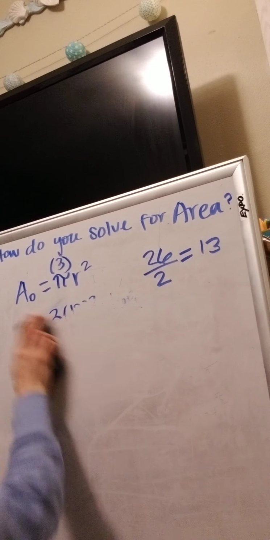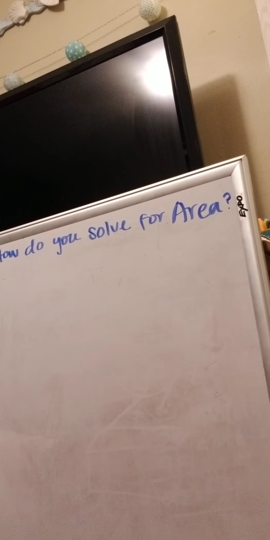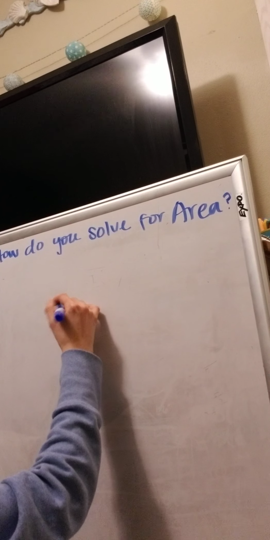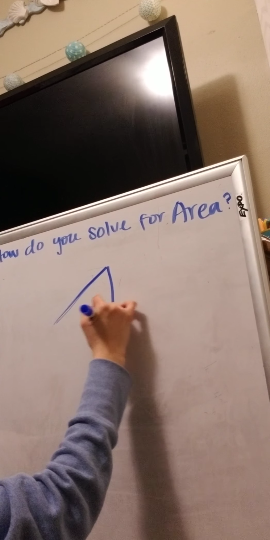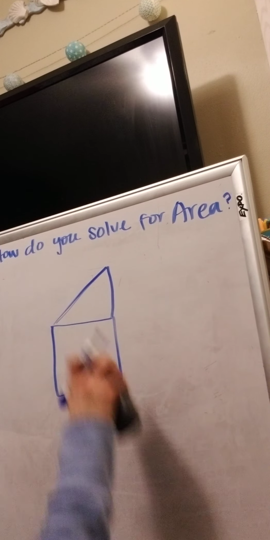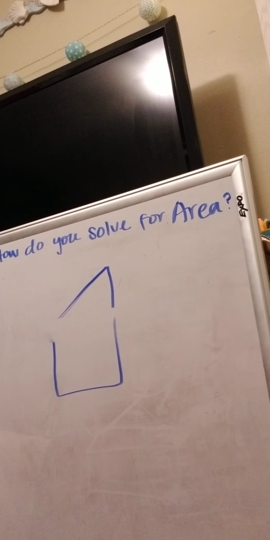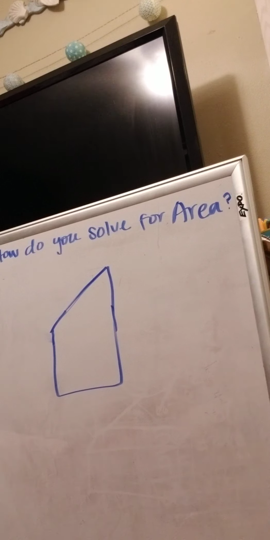Okay, now we're going to do the same thing. We're still doing area, but we're going to combine a few shapes. We're going to make a funny looking shape here. Okay, so our shape looks like that.